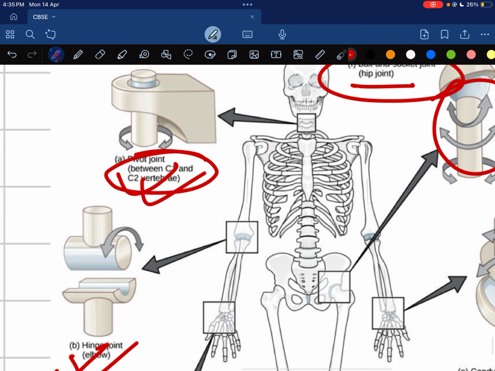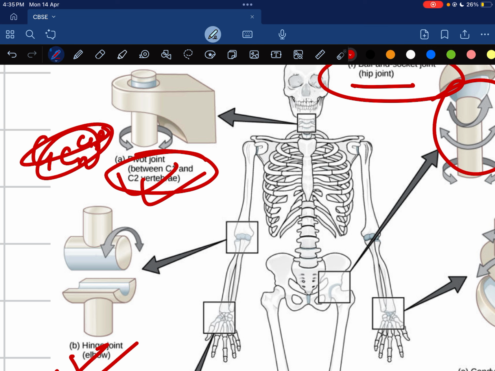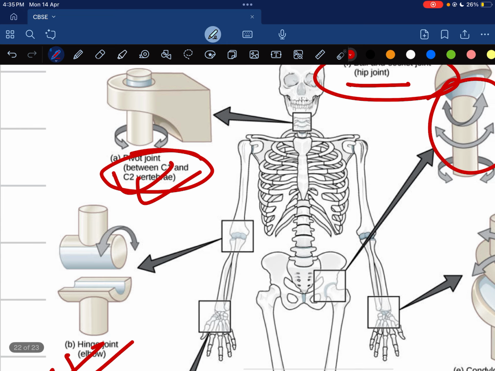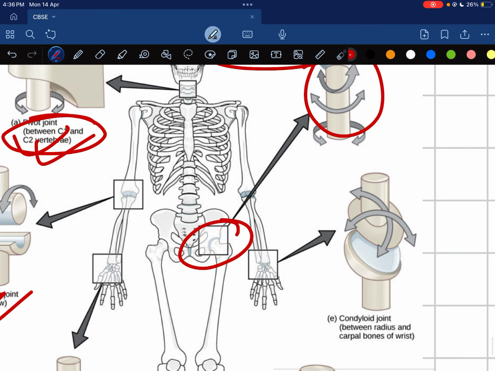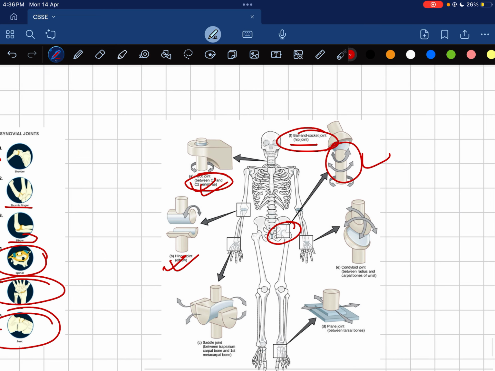Sorry, I made a mistake regarding the pivot joint. Initially I said it is with the occipital, but it is the joint between the first and second cervical vertebrae. And in the hip joint there is the ball and socket joint.